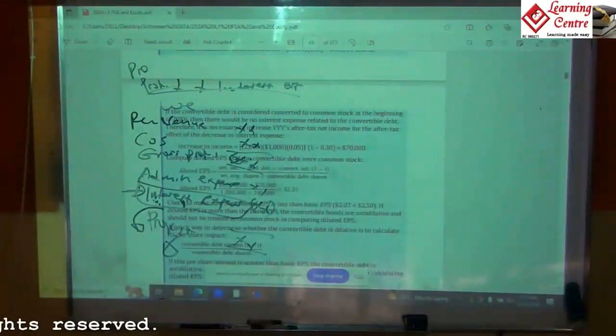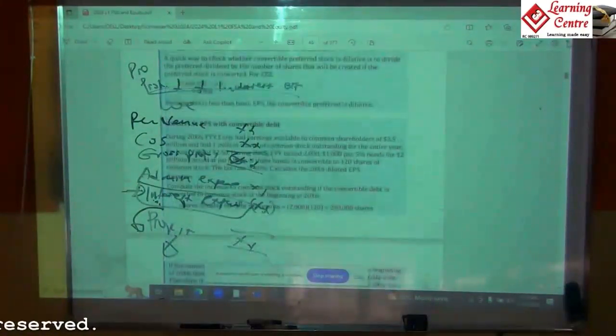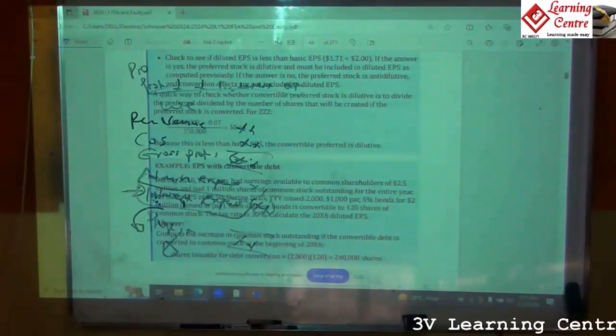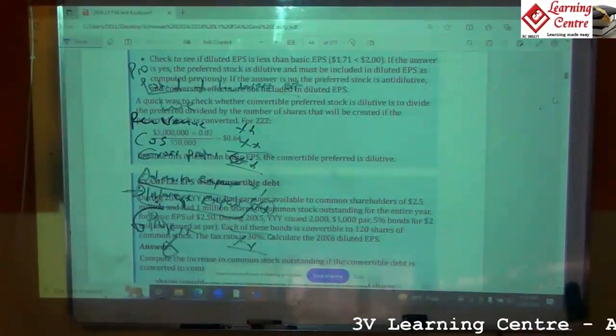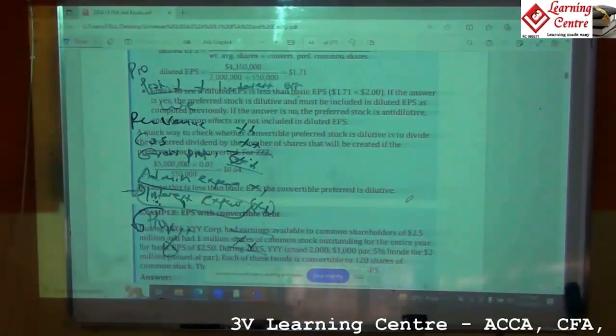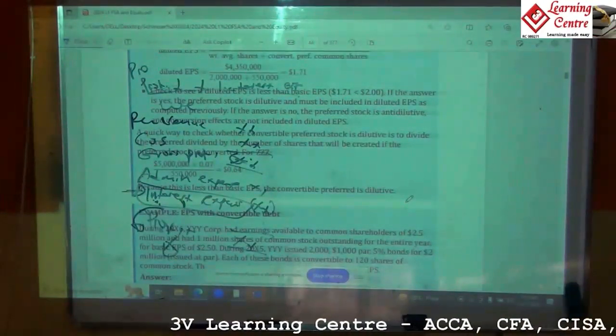Okay, where we have convertible debt. Okay, so let's go. So you can see, now, for example, EPS converted to debt during 2006. Yes, that's it.